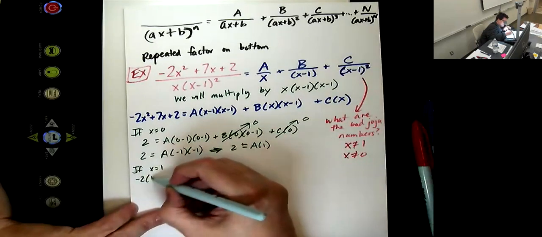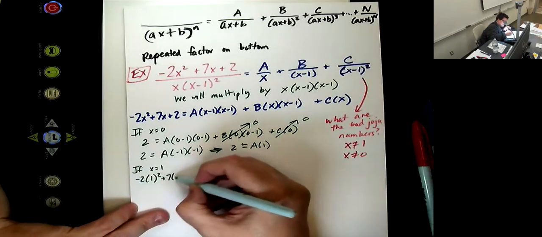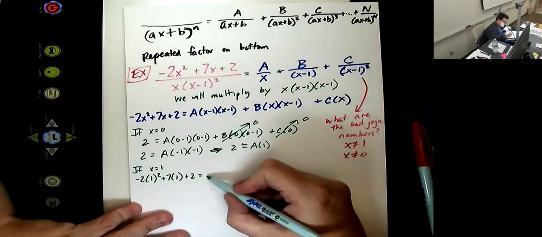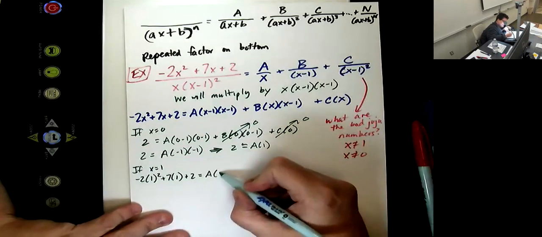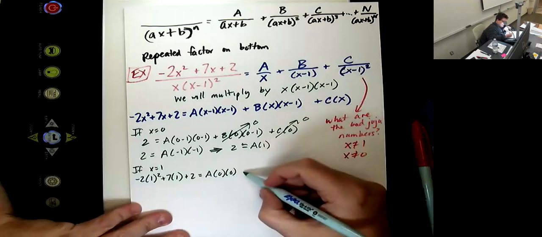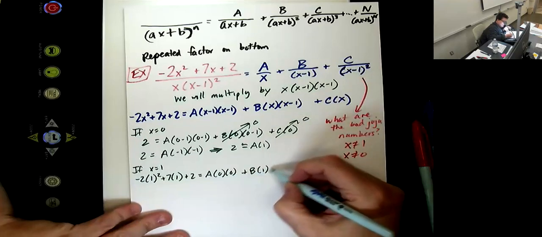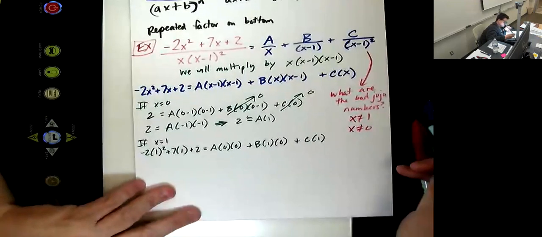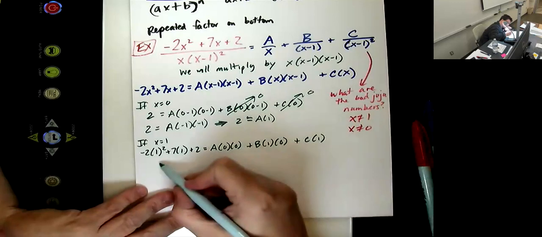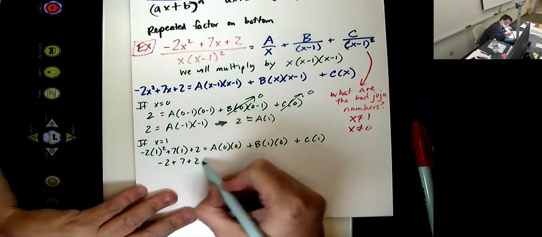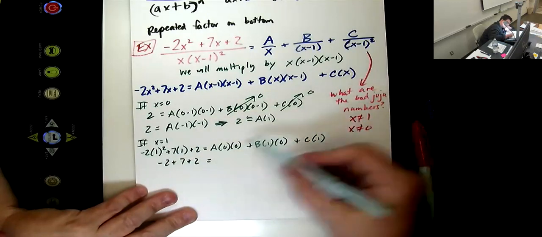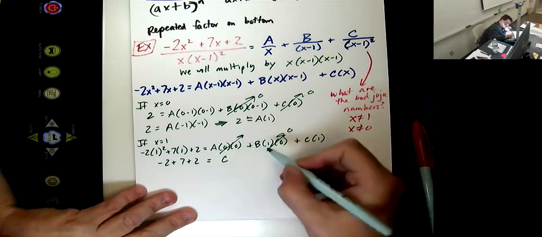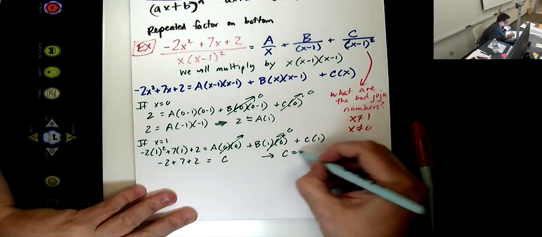I've got -2 times 1 squared plus 7 times 1 plus 2 equals A times 0 times 0 plus B times 1 times 0 plus C times 1. The A term goes to 0, the B term has a 0. I'm just left with C. So C equals 7.